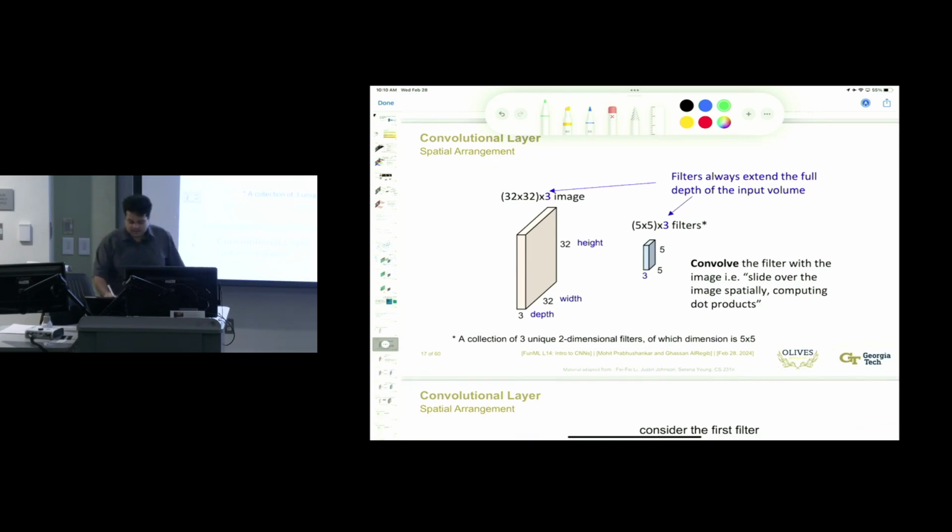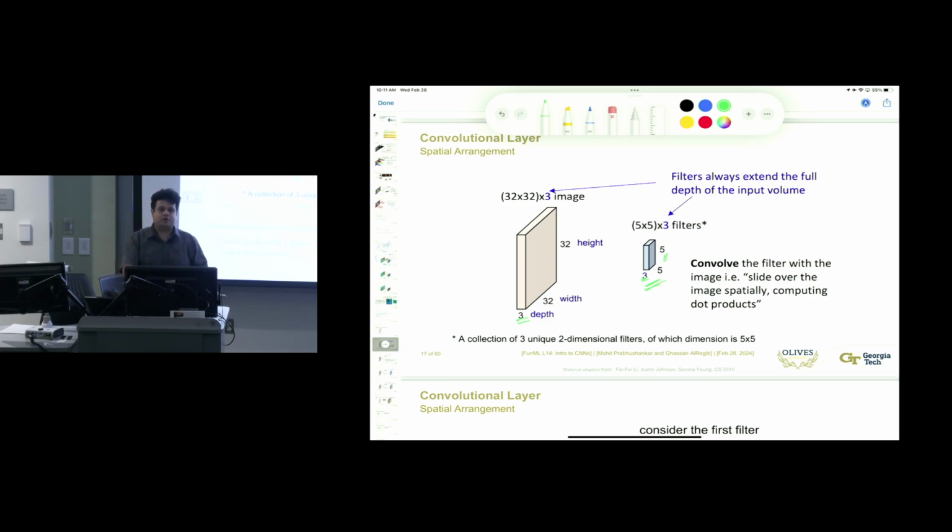And this kernel, let's say before we were talking about 3 cross 3, but now of course we are discussing an RGB image, which has channel depth of 3. So now we'll have 5 cross 5 cross 3. So the height and width, instead of 3 cross 3, we now have 5 cross 5. 3 is for the number of channels, the R, G, and B. So it's exactly the same thing.